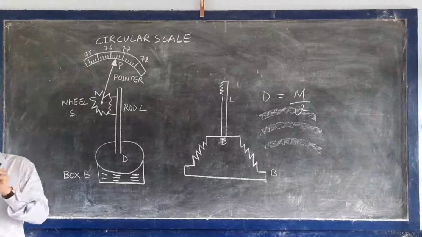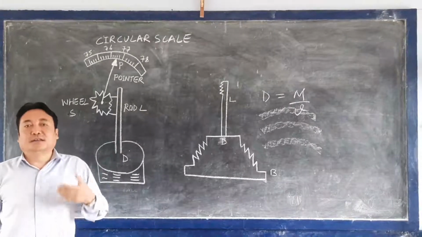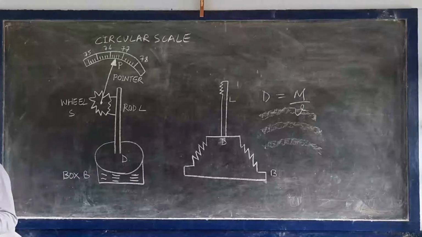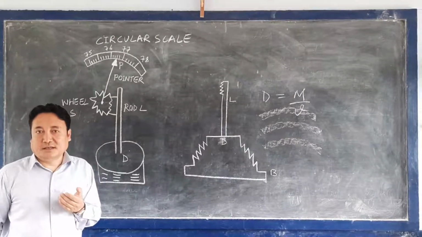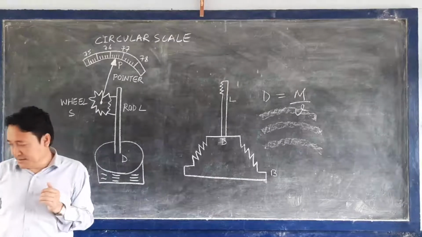When the barometric height falls gradually, the moisture at a place will start increasing. In the air there is water vapor, there is moisture. The moisture will increase, which means that there is a chance of rainfall.